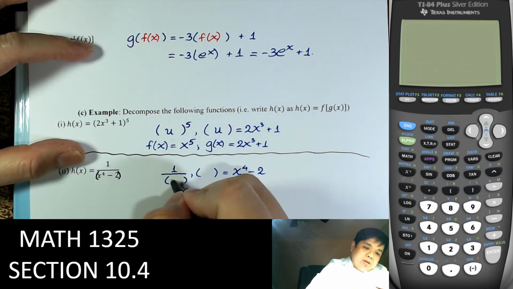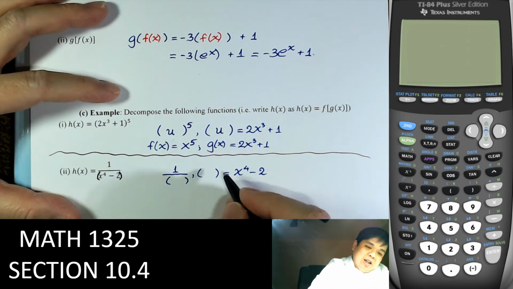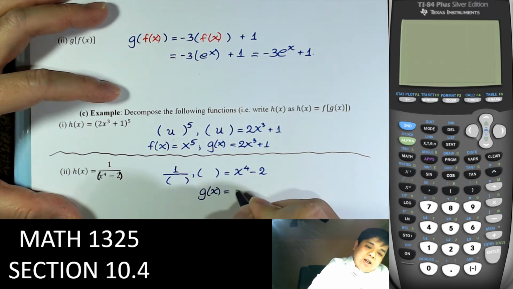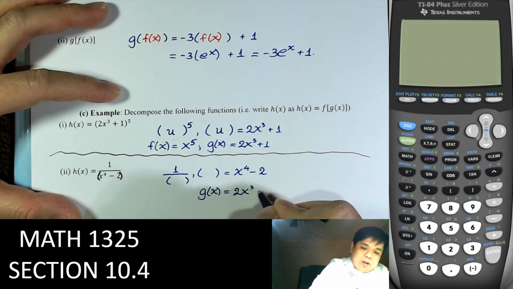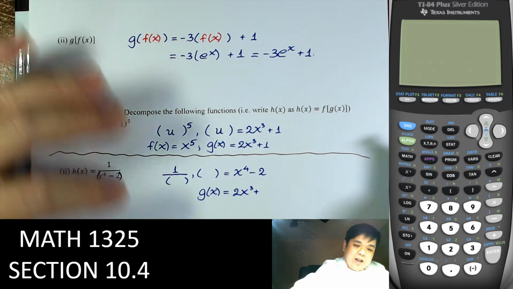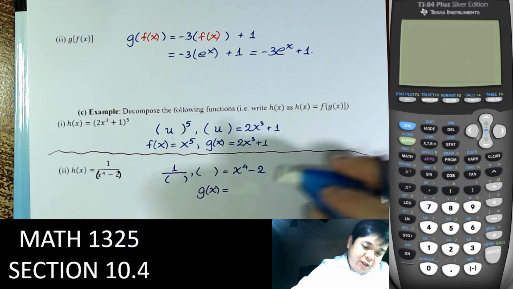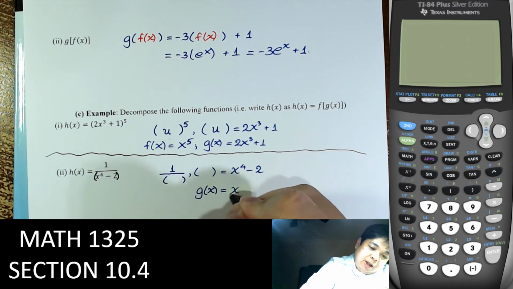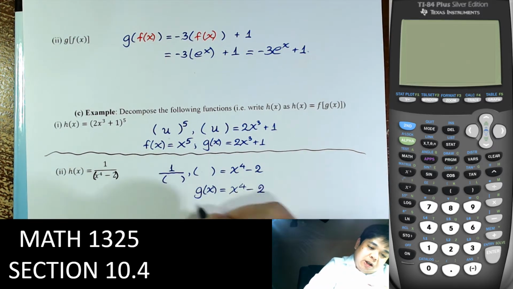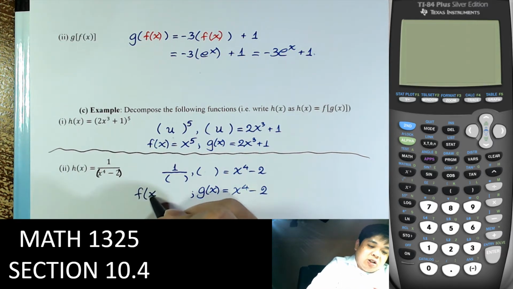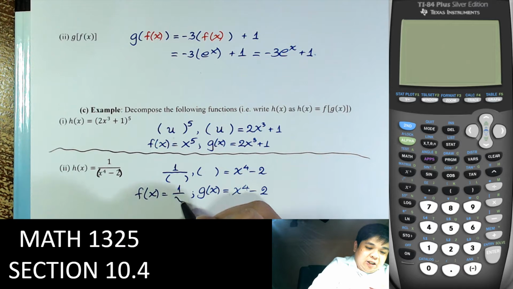Because you can say u or whatever it is, the second function is x to the 4th minus 2. And the function before that will be the reciprocal function 1 over x.